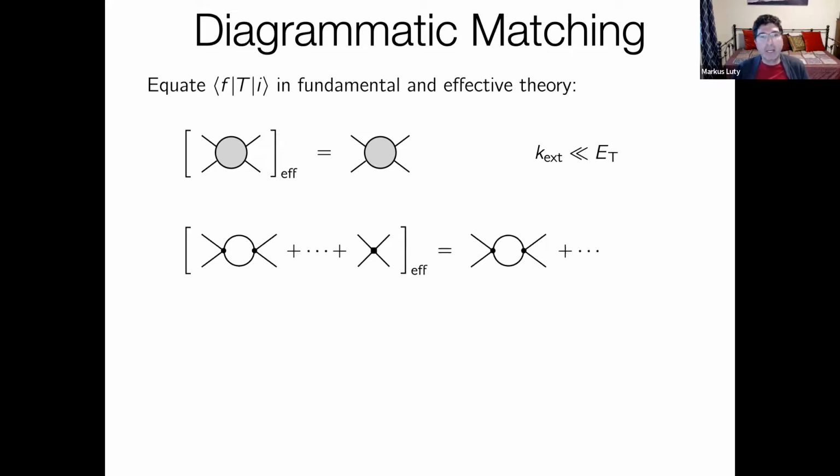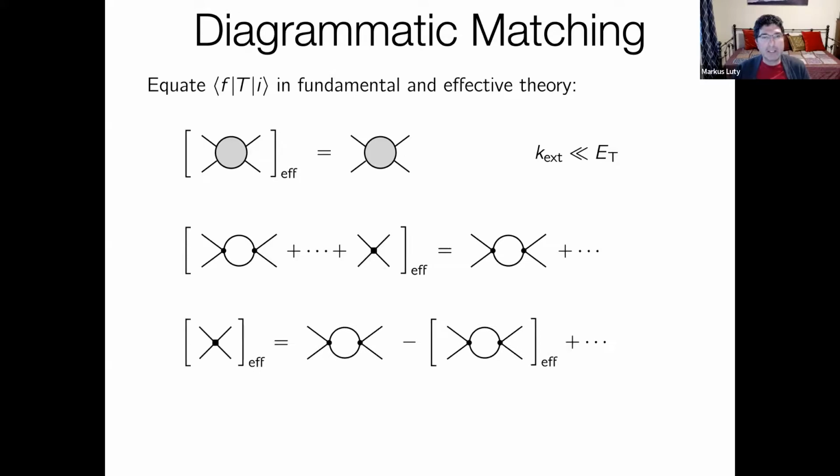Then we see that, for example, we have this diagram in both the effective theory and the fundamental theory, but in the effective theory, we have some additional counter terms, right? And those are the effective Hamiltonian matrix elements that we're trying to compute.